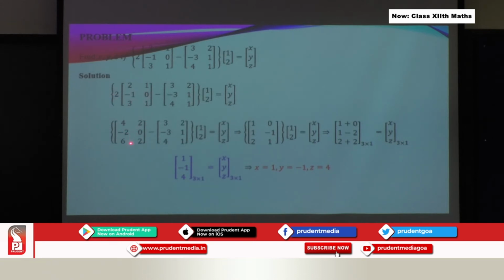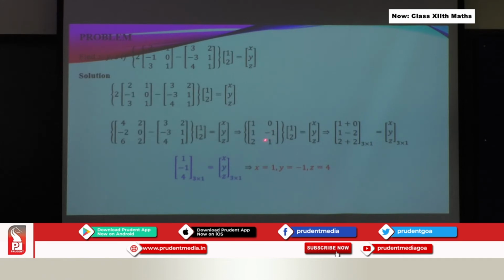So I get this matrix here, minus this matrix. So I will find the subtraction of two matrices. 4 minus 3, I am getting 1. 2 minus 2, I am getting 0. Minus 2 minus of minus 3, I am getting 1. So the output of these two is this, which is there in the curly bracket.